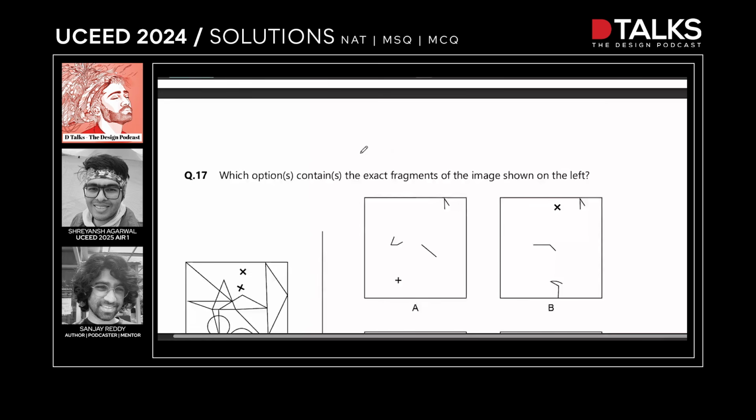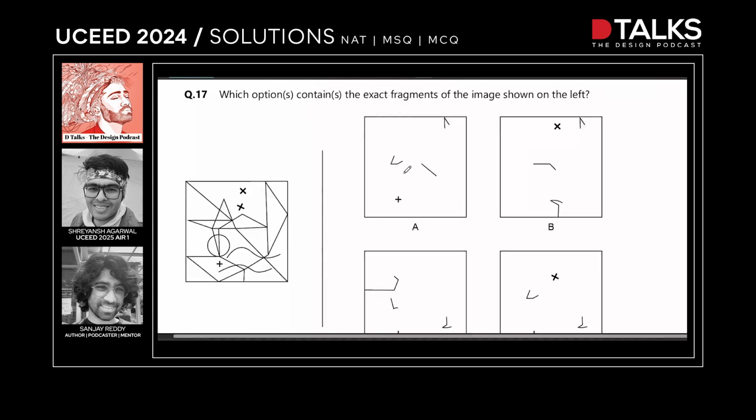What are you supposed to find? Exact fragments. You're supposed to find the exact fragments that are there. So this part is correct, I think. That is the same shape. What I'm doubtful of is this particular angle. If you extend this line, it goes somewhere around here. But it has to go to the corner. That means A is wrong.